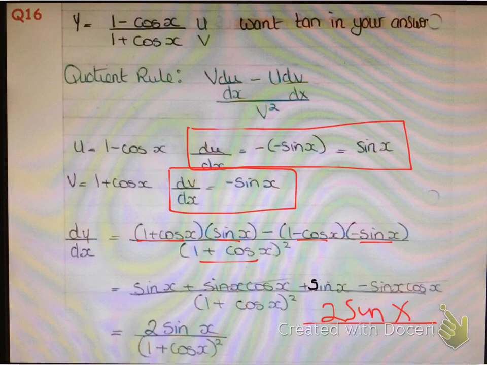So look into page 14 of the log tables and try and find a formula that has a sine of the angle that has a tan in it as well, so you can substitute it in instead of the 2 sine x. And if you look there, you can see that sine 2A is equal to 2 tan A all over 1 plus tan squared A.